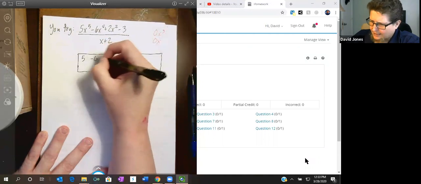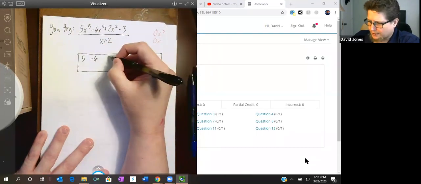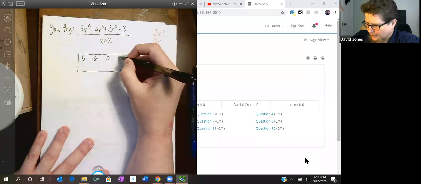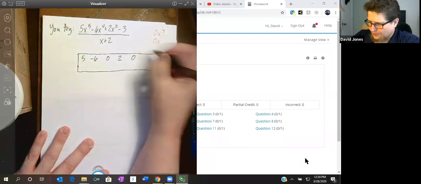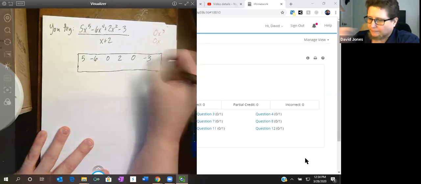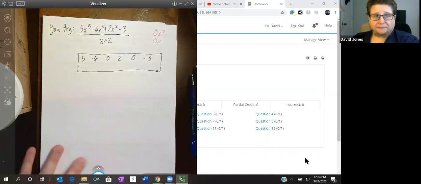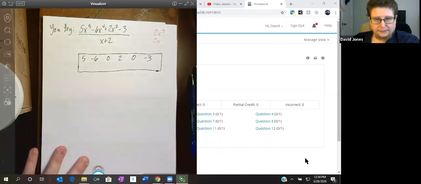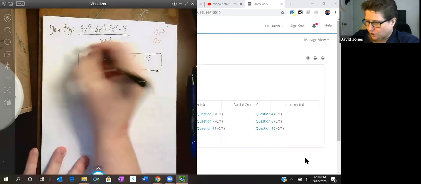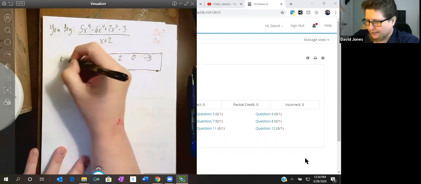Five, -6, then my x cubed, 0. I got my x squared, then I got my x, which is 0, and then -3. My k is the opposite sign. So this is going to give me k equals -2.